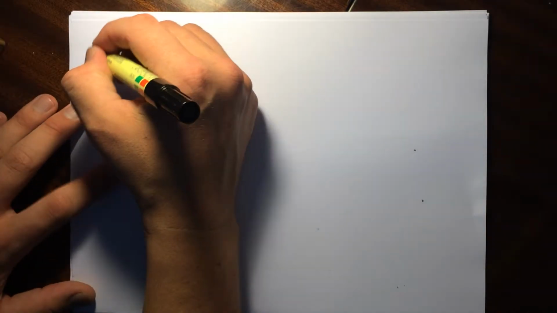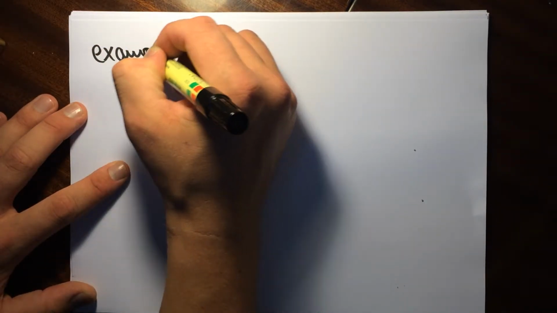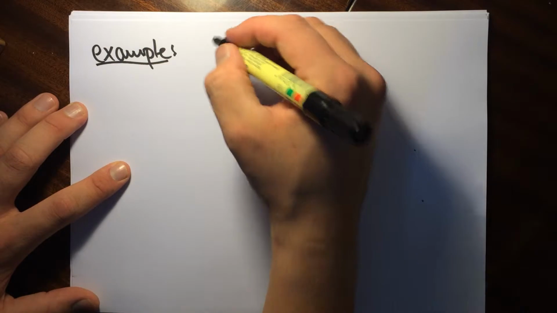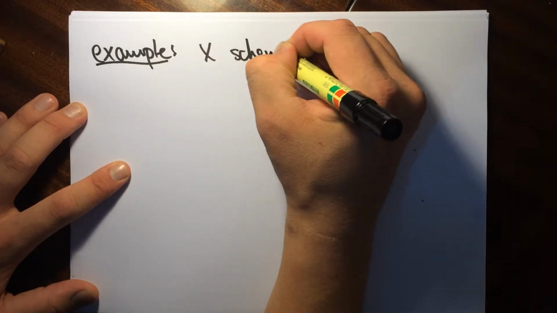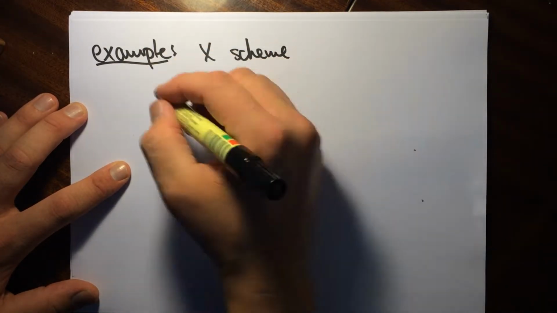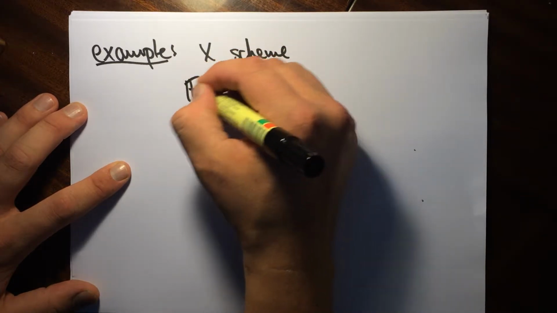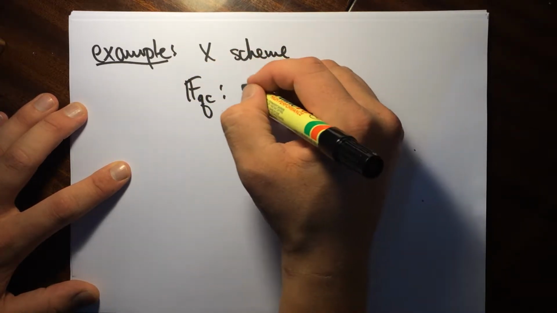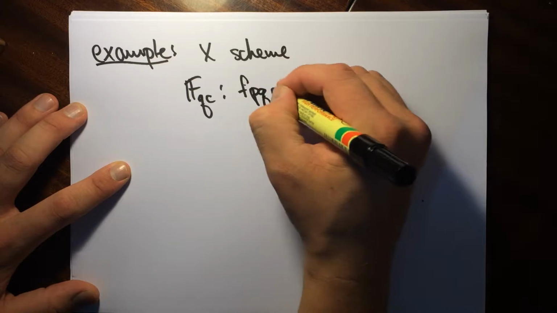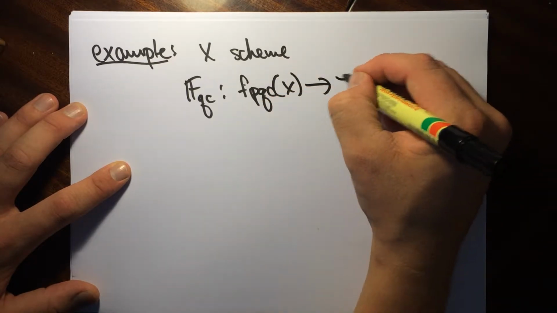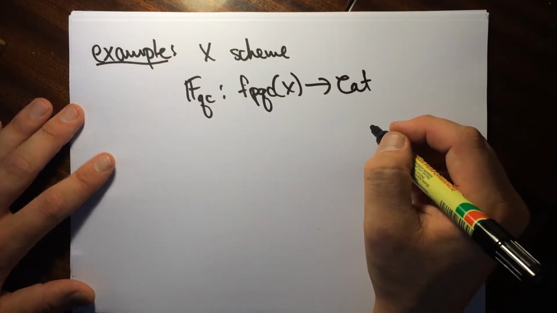Okay, so let me give the example that's going to be important for us. When X is a scheme, we'll be looking at this particular fibered functor, QC, from the FPQC site of X to the category of categories.